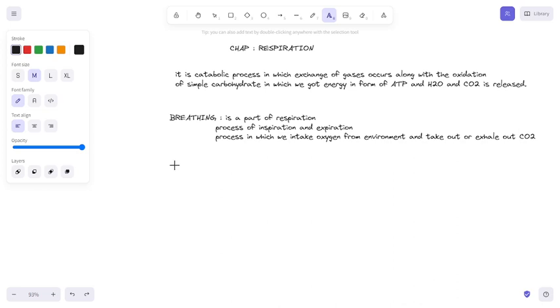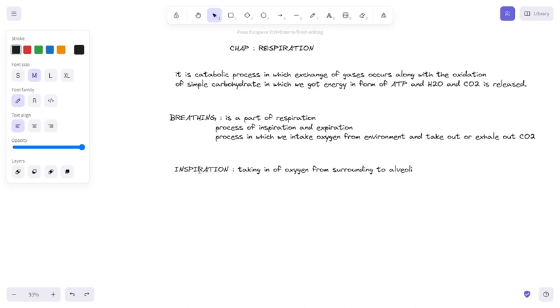If we talk about the term inspiration, inspiration means taking in oxygen from the surrounding to the alveoli.